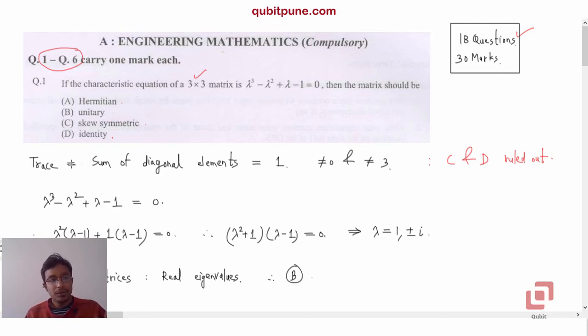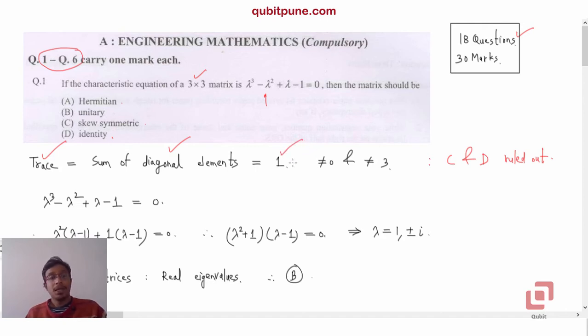The trace of any matrix is the sum of the diagonal elements, which also happens to be the sum of the eigenvalues. In this case it is the negative of the coefficient of lambda squared. That is basically the properties of polynomials, right? So the trace is equal to 1 here.